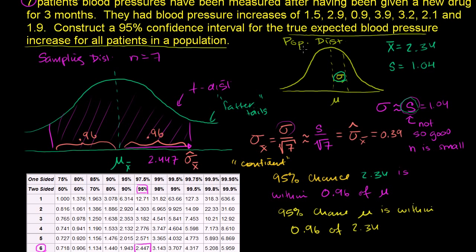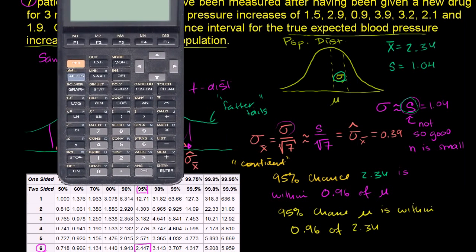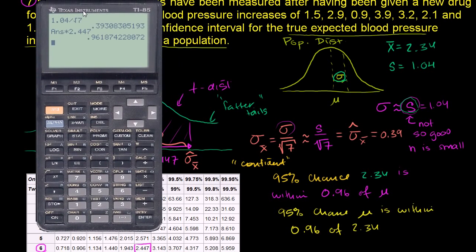So at the low end, 2.34 minus 0.96 is 1.38. And the high end of our confidence interval, 2.34 plus 0.96, is equal to 3.3. So our 95% confidence interval is from 1.38 to 3.3.